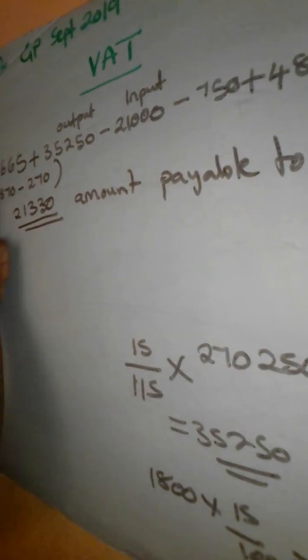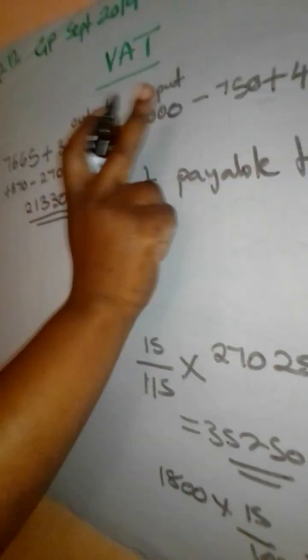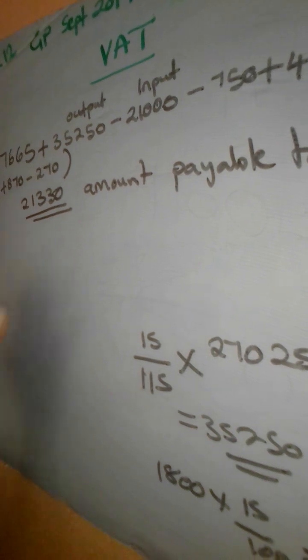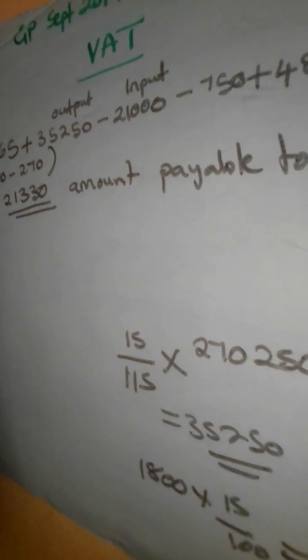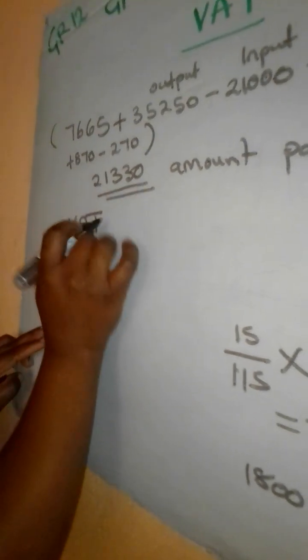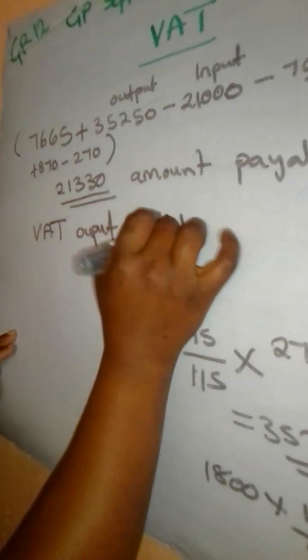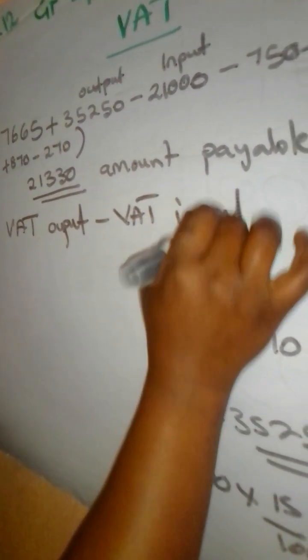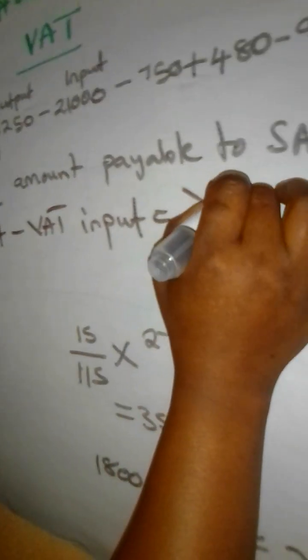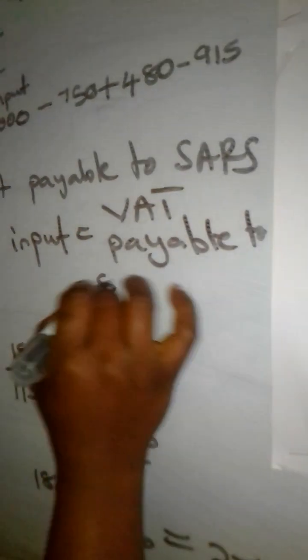Remember, wherever there is a plus, these are all outputs. Wherever I put a minus sign, those are all inputs. So whenever we are calculating VAT payable to SARS, it is simply a matter of saying VAT output minus VAT input is equal to VAT payable to SARS.